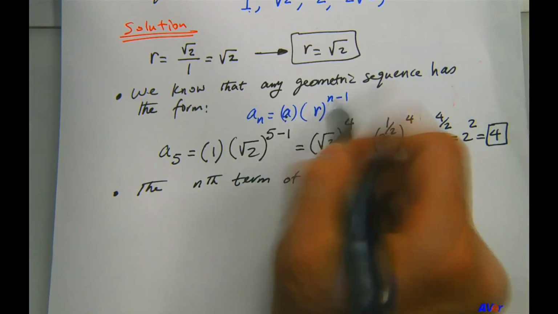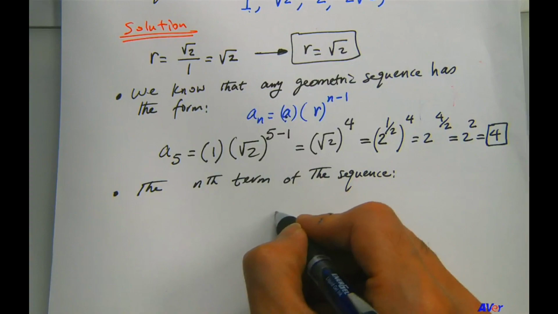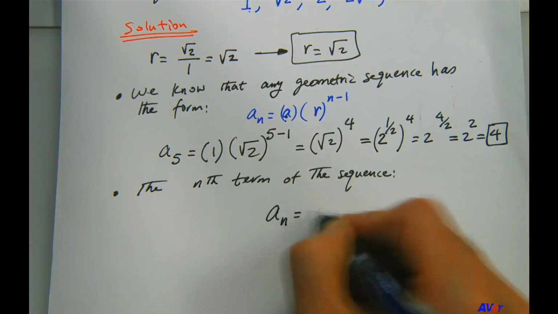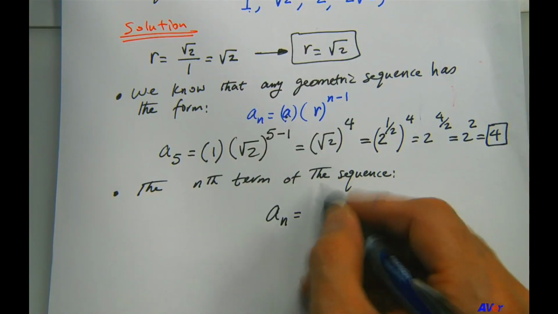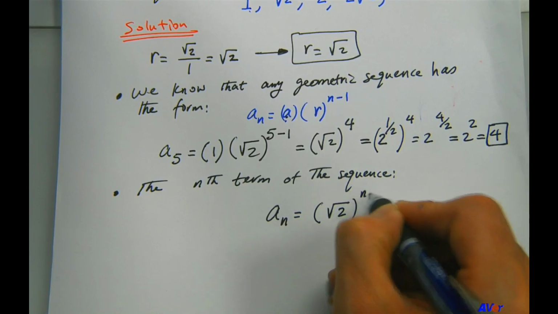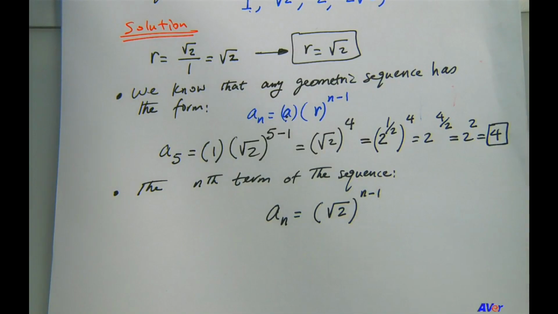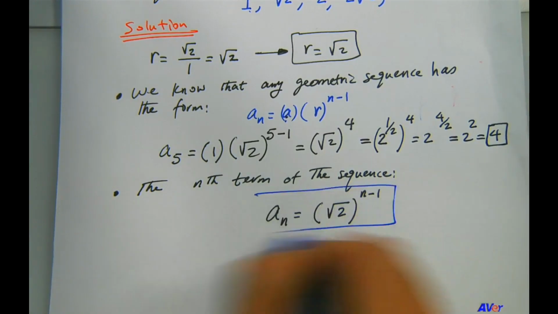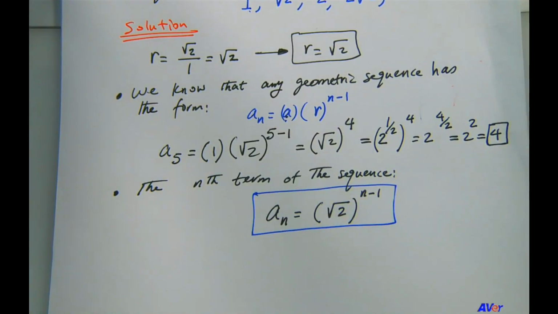Don't touch the n. We'd like to keep that. So this will be a_n equals 1 times square root of 2 to the n minus 1 power. Okay, so that is our nth term of this geometric sequence.